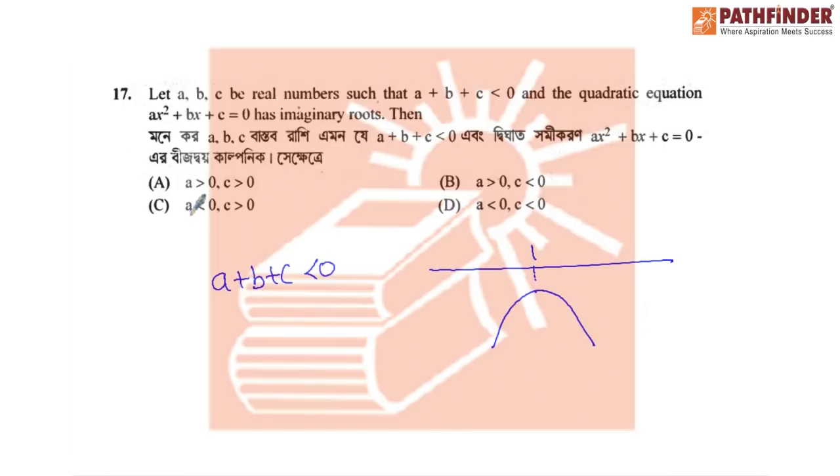So a must be negative first of all, then only the parabola opens downwards. So a negative means either this option or this option. Now in this option it is given that c is positive, means f of 0 is positive. Not possible in this graph, so the only option left is option D, which says a less than 0 and c less than 0.